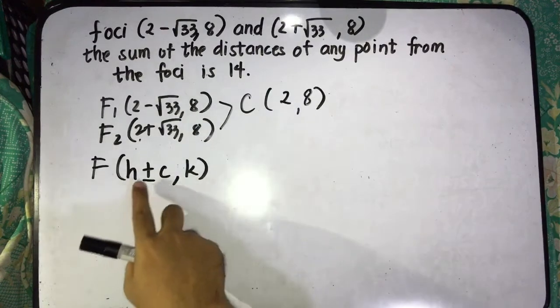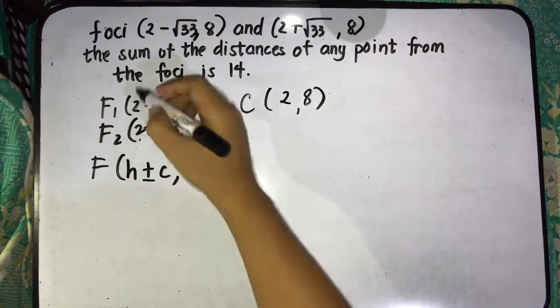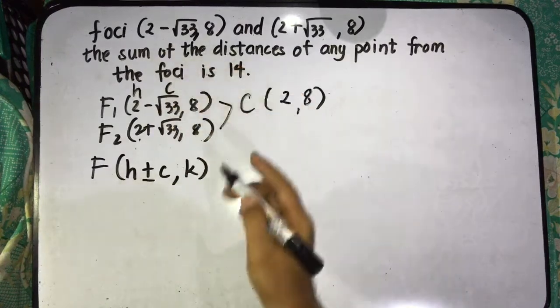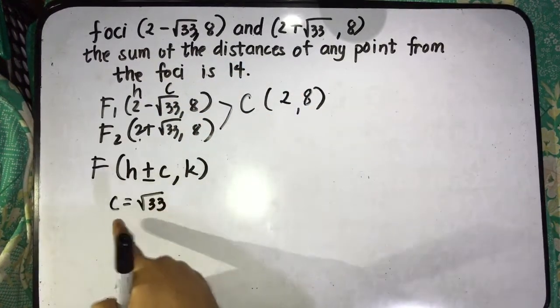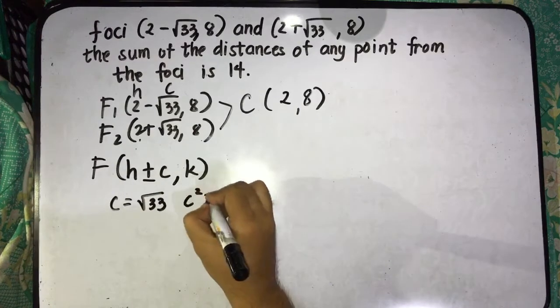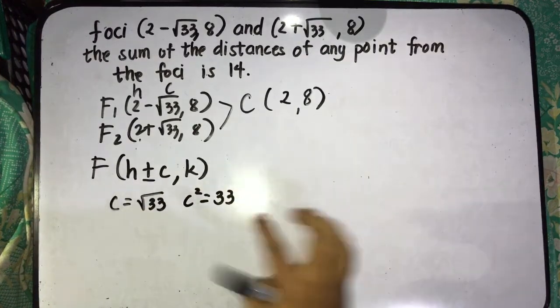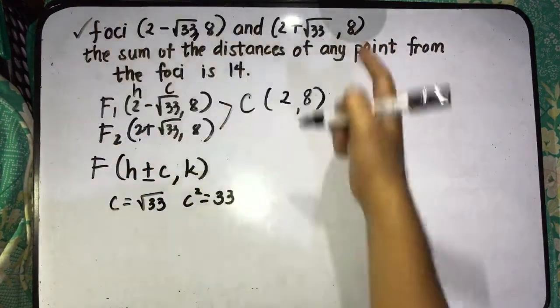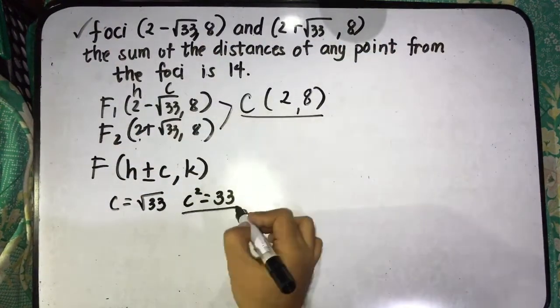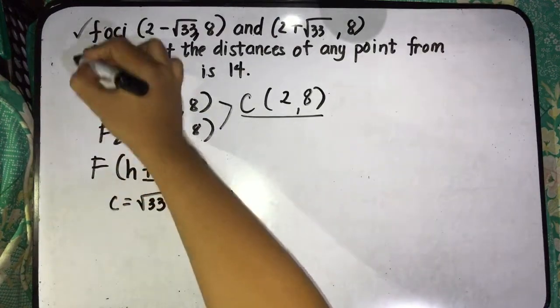Again, h plus minus c, k. This is our h. This is our c. Therefore, what is the value of c? Square root of 33. If c is equal to the square root of 33, c squared would be 33. So, meron na tayong c squared ngayon. Okay, so we are given the first condition. Ang nakuha natin is yung center at yung value ni c squared. Punta naman tayo ngayon sa second condition.